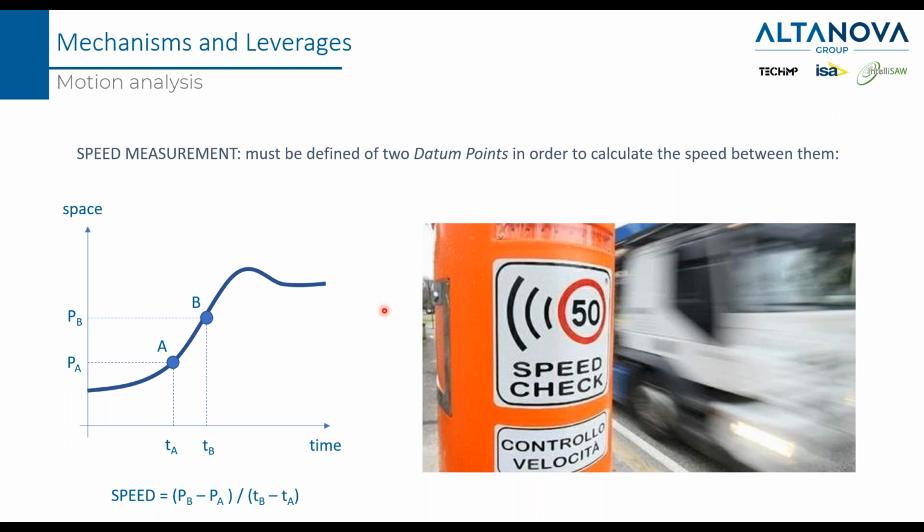So how to measure the speed? The speed is a very simple concept. You take 2 points in space, and the time that you need to go from point A to point B makes the speed. So space divided by time. Actually it is exactly the same principle of the speed check that police use to understand how fast we are going with our car.